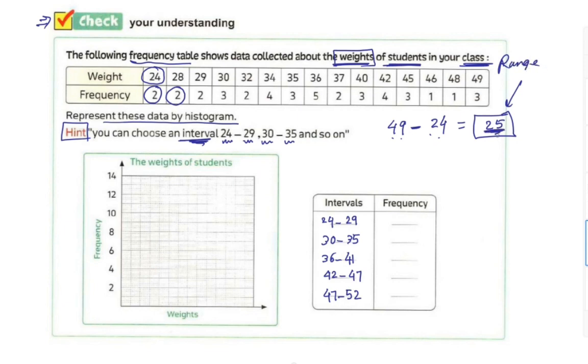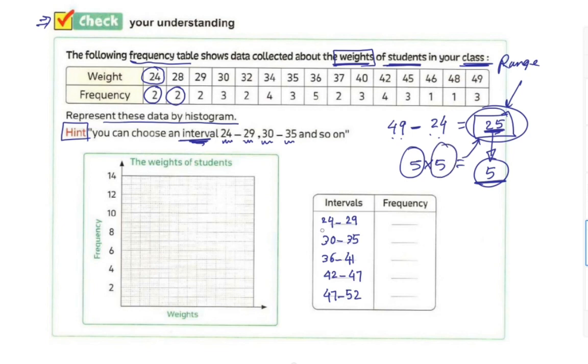That's why he divided it into 5 intervals: 1, 2, 3, 4, 5. So each interval is 5 by 5, equal to 25. He divides this 25 into 5 intervals, and each interval has 5 numbers.